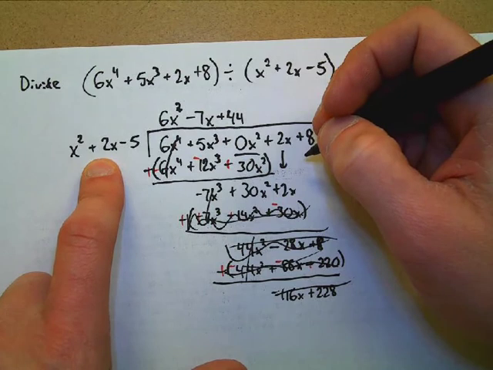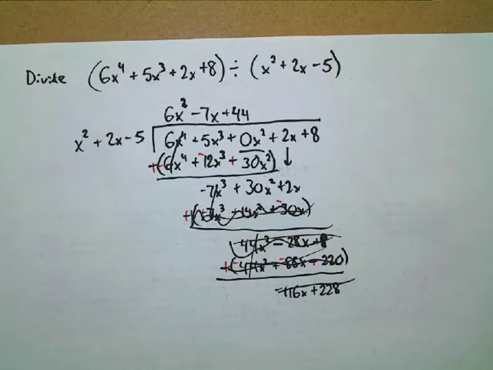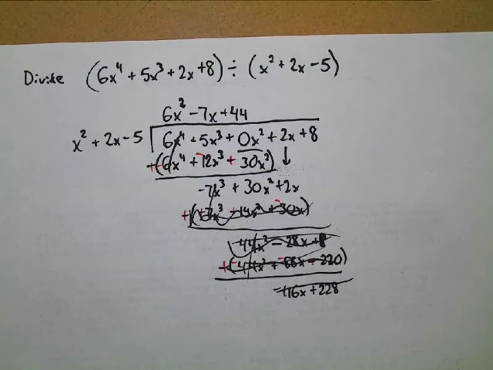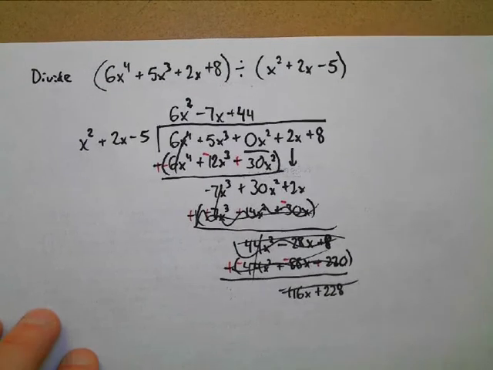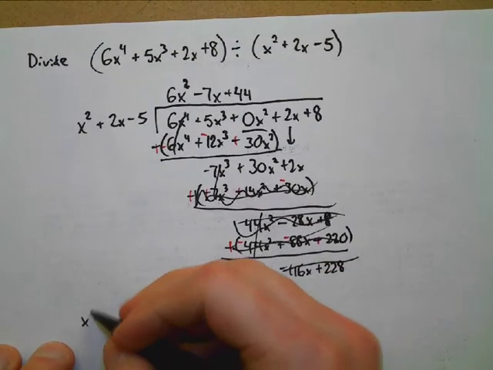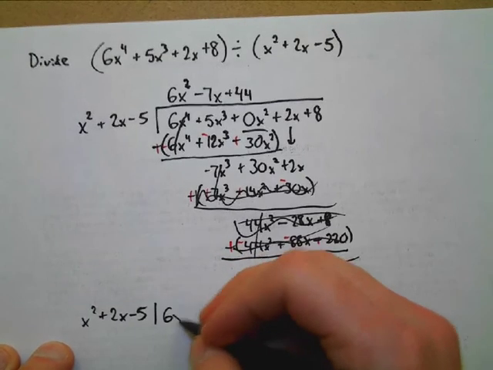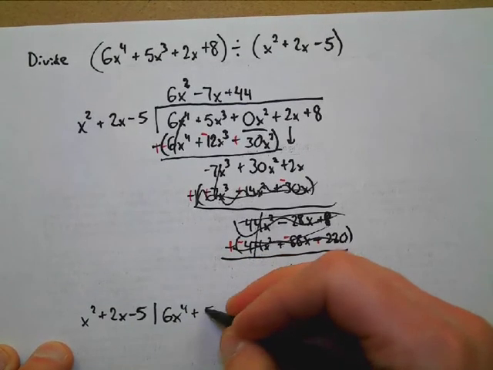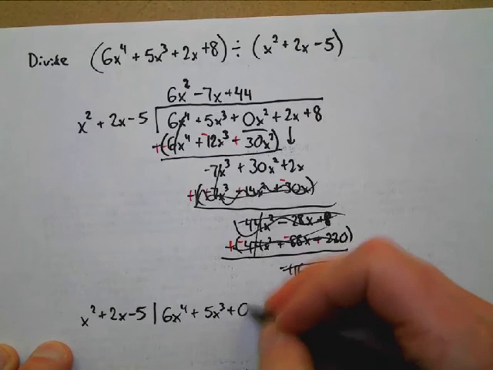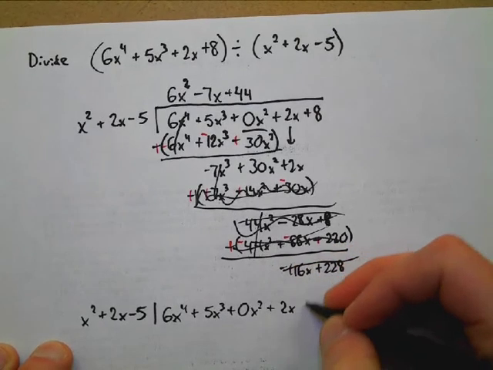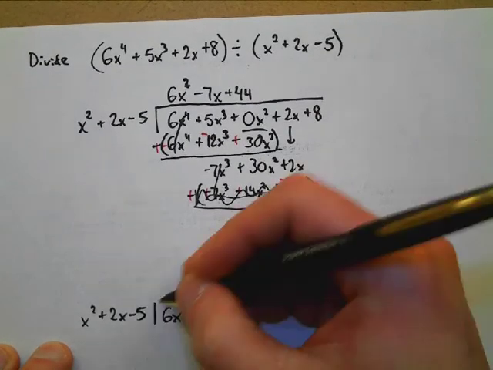No. Shoot. Let me redo this. I feel like I made a mistake somewhere. I think it's 35 is my number. Okay.